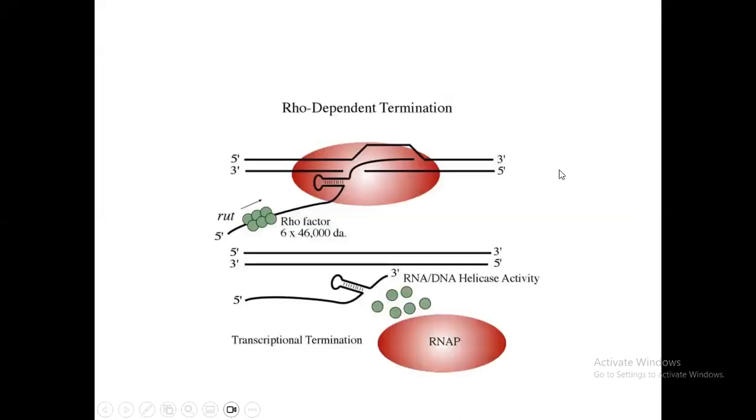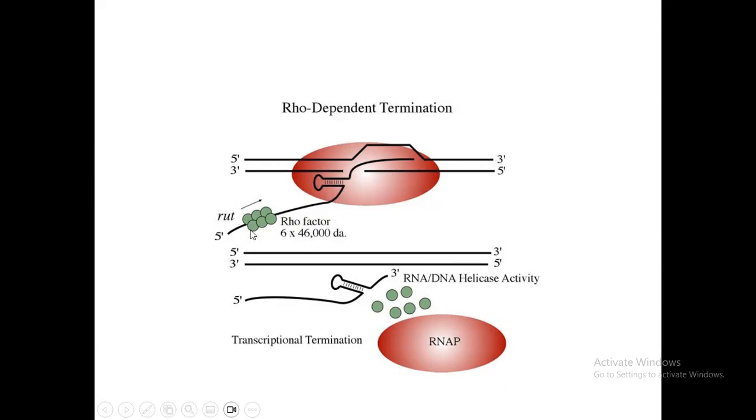So we'll again look at it with the help of a diagram. So firstly, you have formation of a hairpin-like structure. So first, the transcription will allow formation of RNA in 5' to 3' direction. One of the important sequences are the rho utilization sequences.